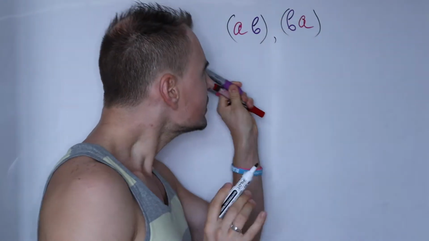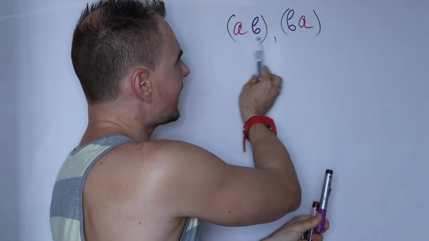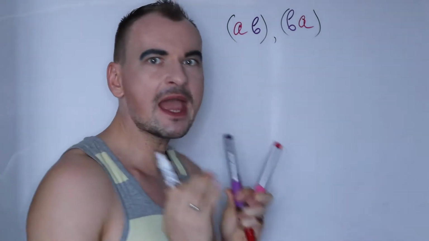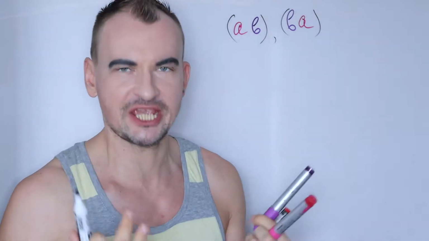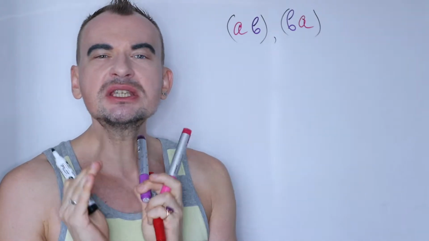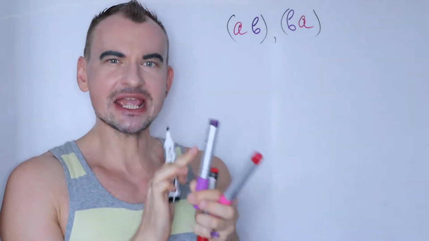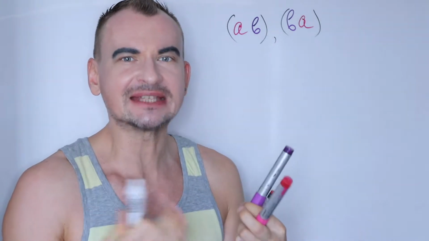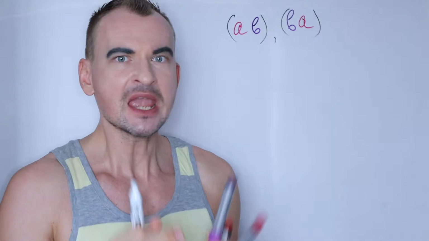Now, each of these pairs, AB and BA, are called permutations. So basically, a permutation is any arrangement of a set in a particular order.